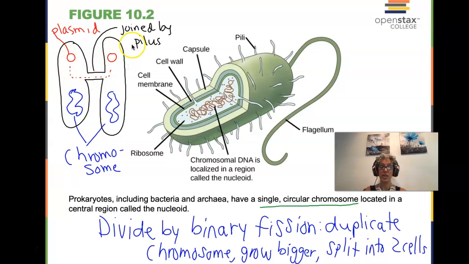That is just genetic exchange, but then when this cell undergoes binary fission, it will duplicate both its chromosome and that plasmid and pass it on to its offspring. The rest of this is going to be dedicated to what happens when eukaryotic cells divide.